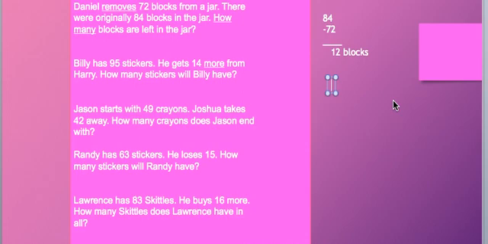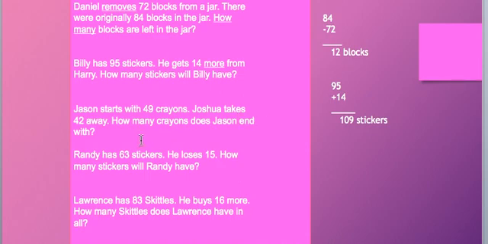So my two numbers are 95 plus 14. 5 plus 4 is 9, and 9 plus 1 is 10. So our answer is 109. And the question says how many stickers. So we will say 109 stickers.